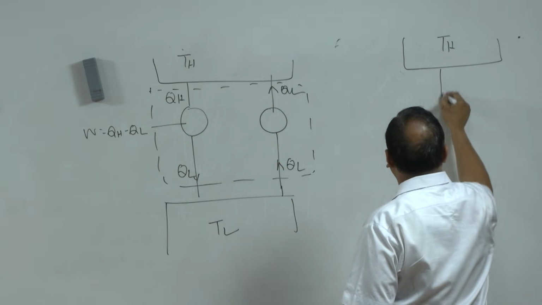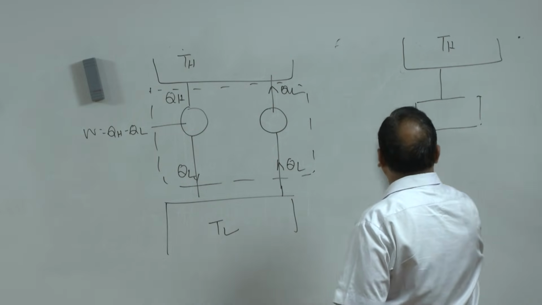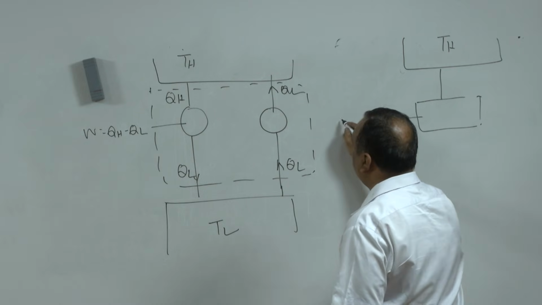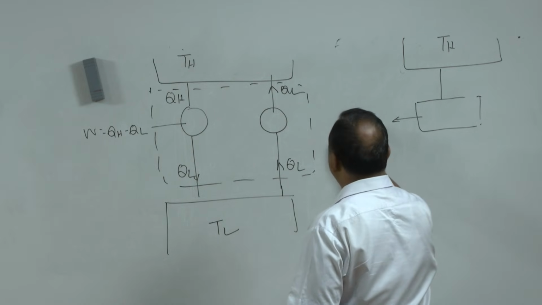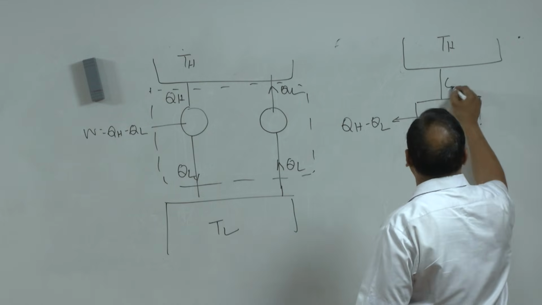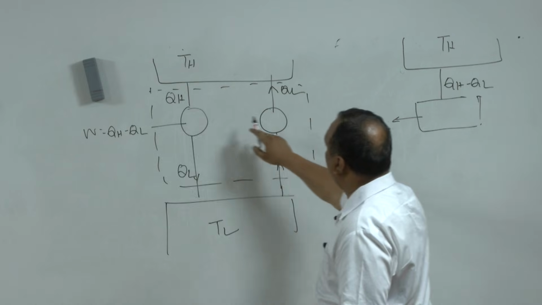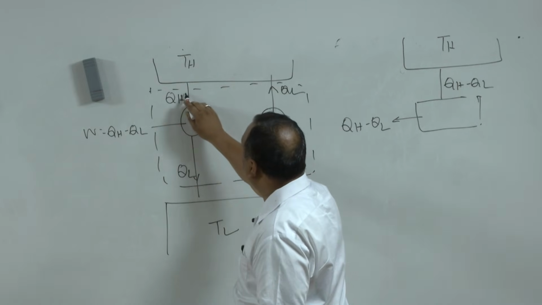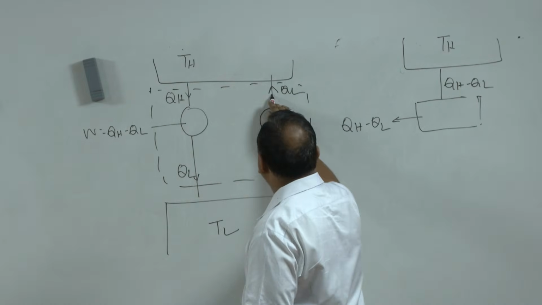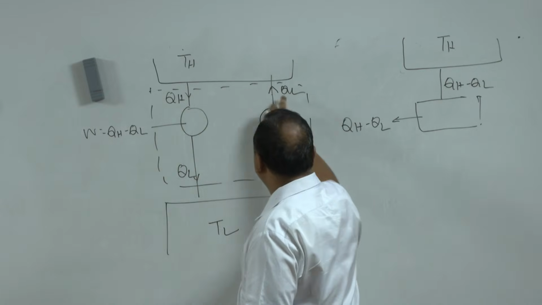TH, there is a device giving the output QH minus QL, which is drawing heat QH minus QL. Because QH is coming from the reservoir and QL is going back to the reservoir, the net heat coming from the reservoir is QH minus QL.